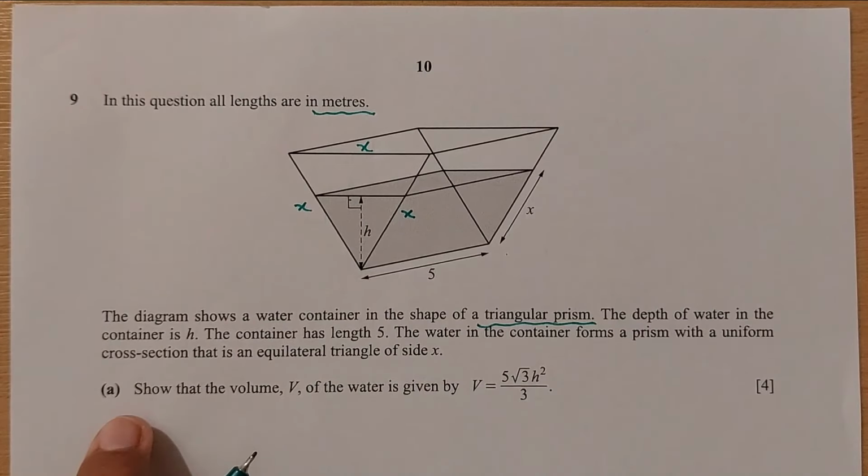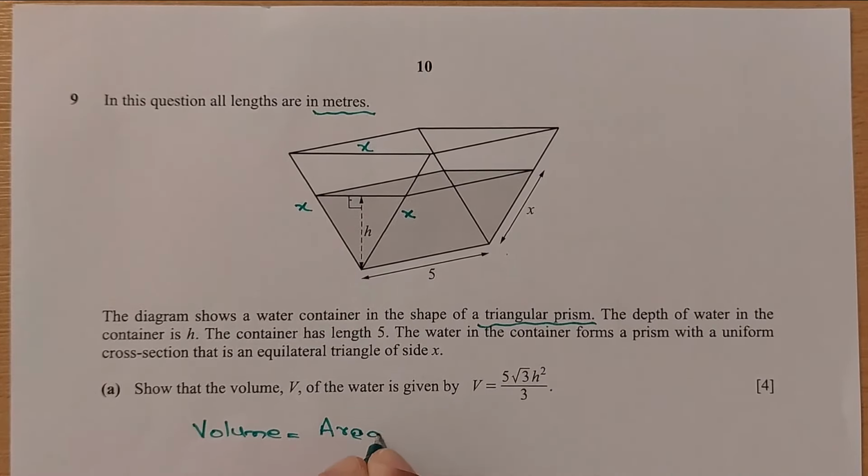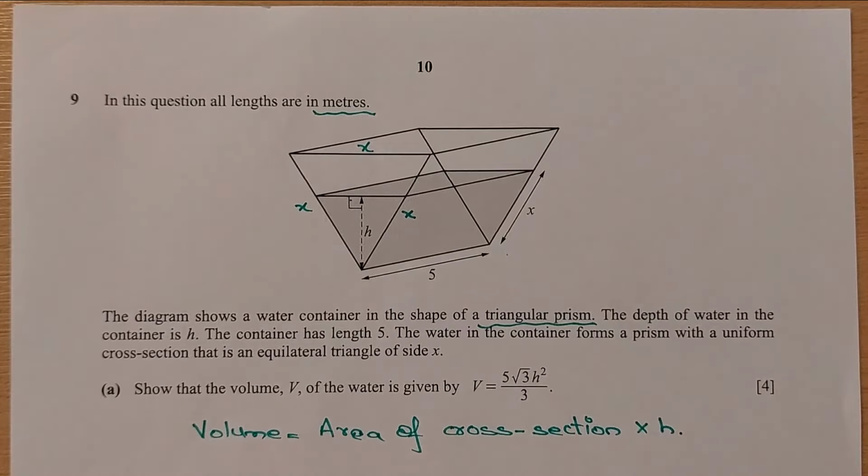In part A, we need to show that the volume V of the water is given by this. Basically we need to find the volume of the triangular prism. Its formula is area of cross section times height, or the length, we can say.